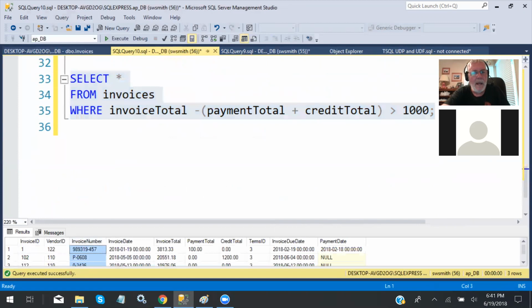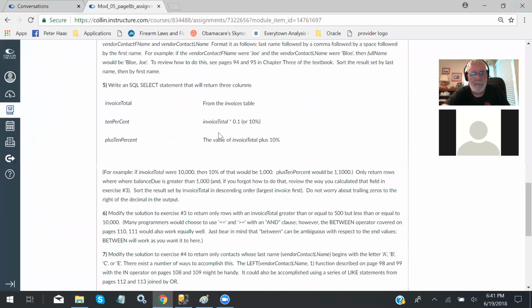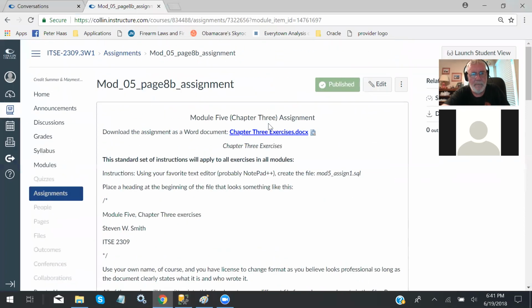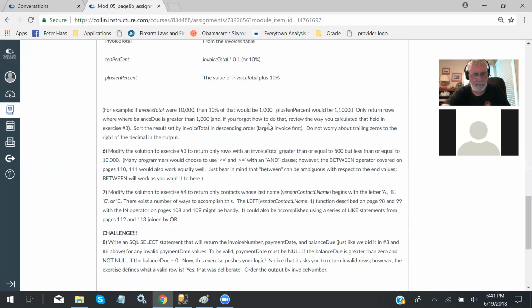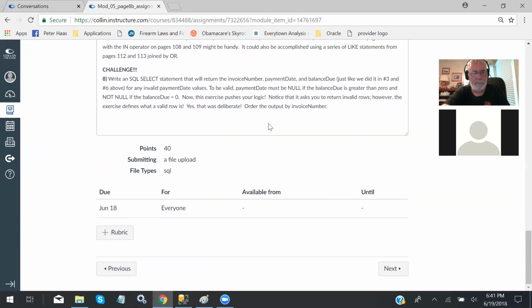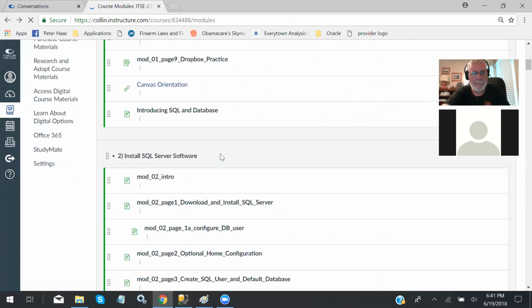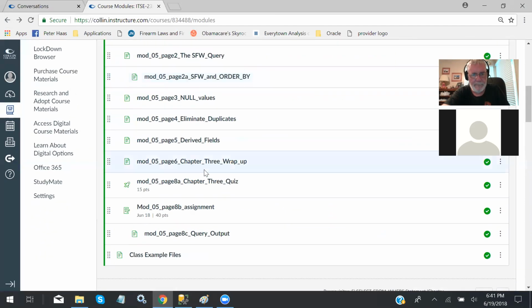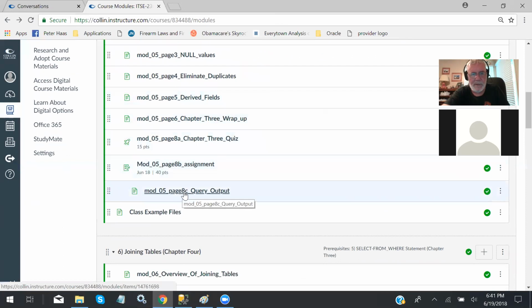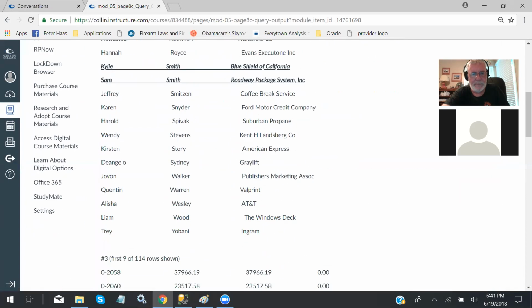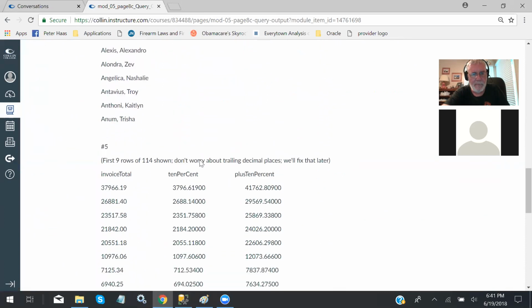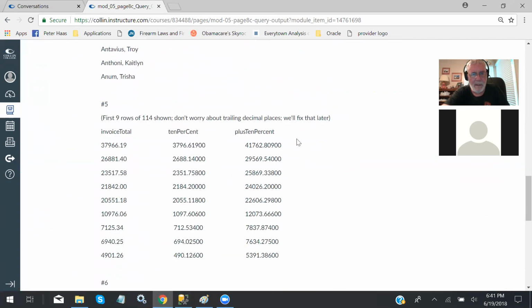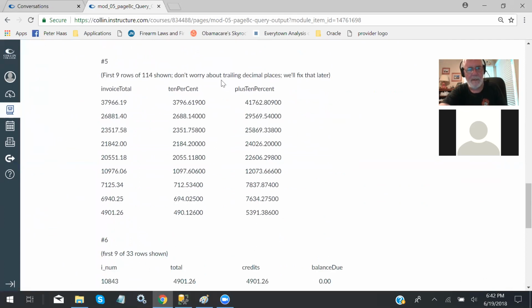So that would be in the query output, wouldn't it? And here, yeah, I got 114 rows. Okay.